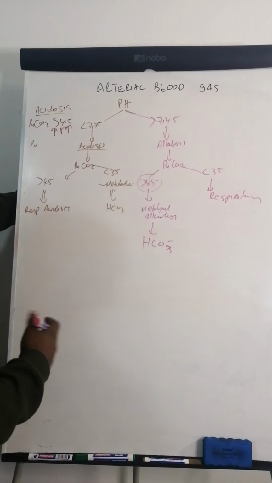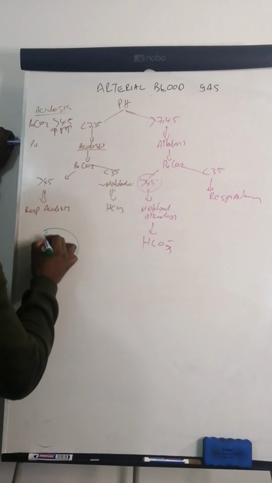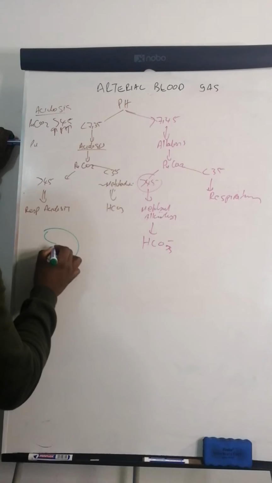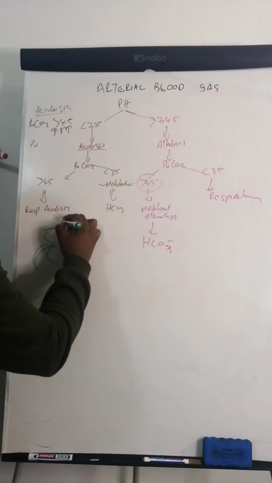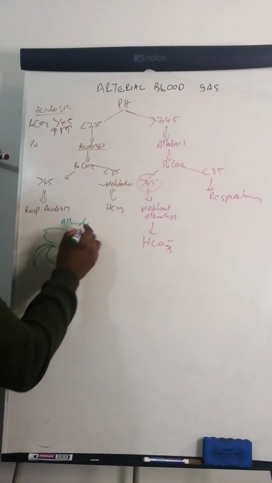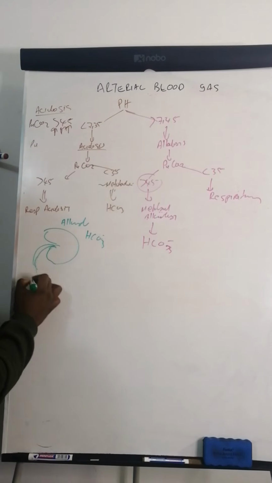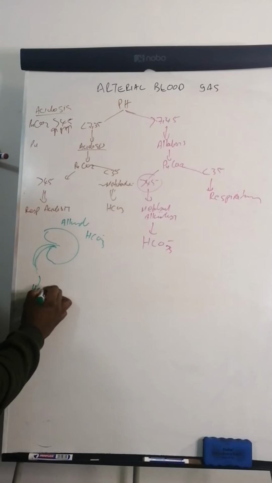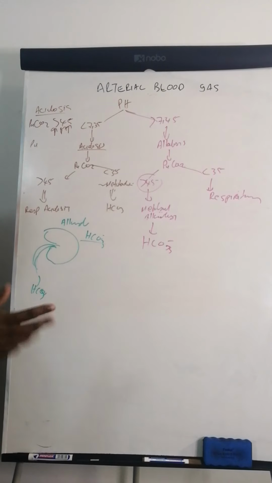The renal takes a bit of time, because if you have got alkalosis in the blood, your pH is alkalotic, the kidney will try to get rid of bicarbonate through the urine to excrete it. That's what it's going to do. But it takes a couple of days for this to happen.